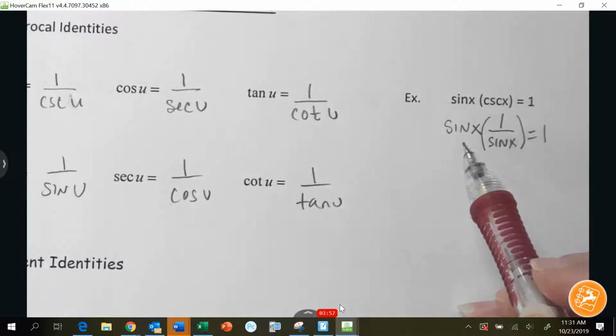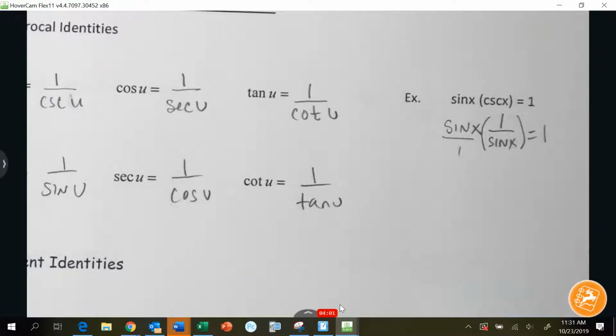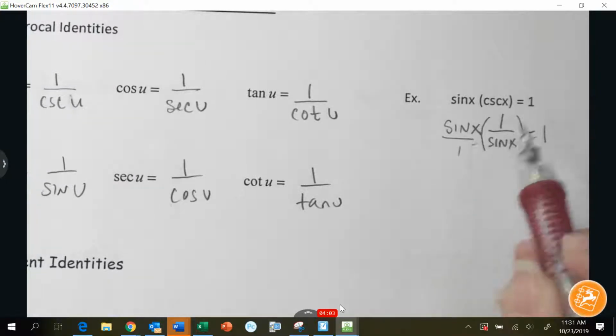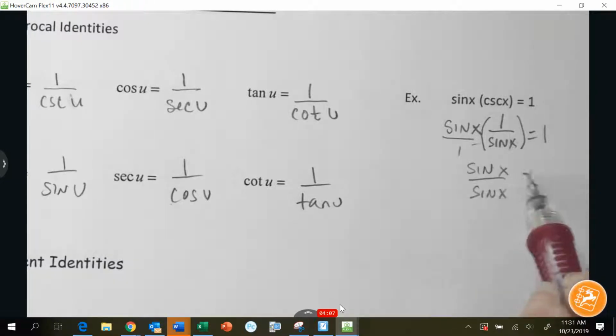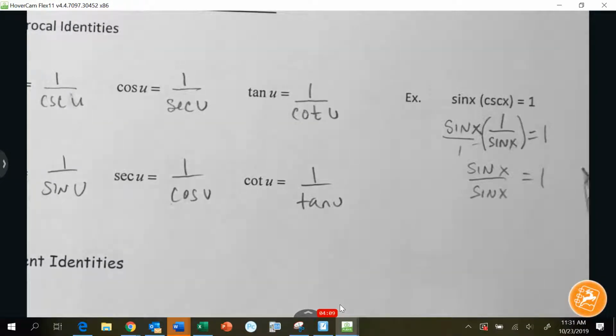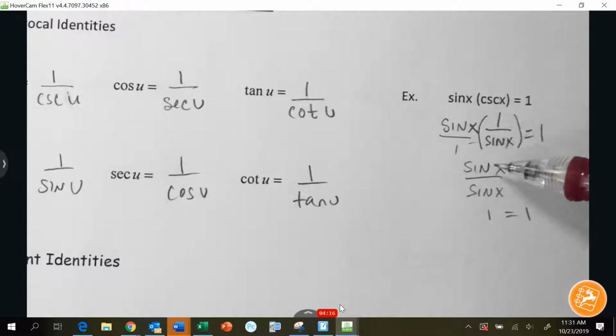What do I do to that whole number to multiply fractions? You put it over 1. So when I multiply these together, I get sine x over sine x, which is what? 1. Do you see how I am verifying that this is true by only changing the left side of the equation until they are equivalent?